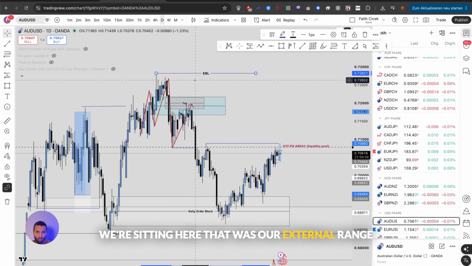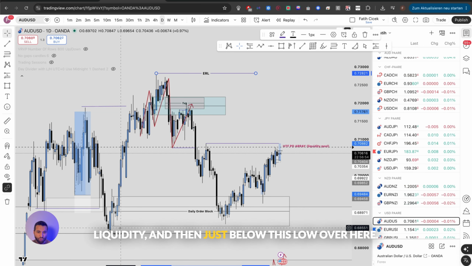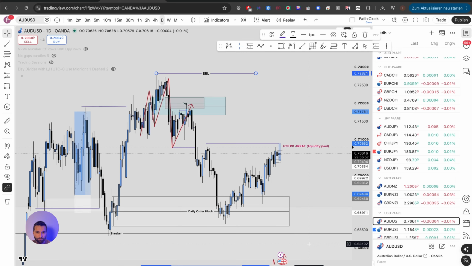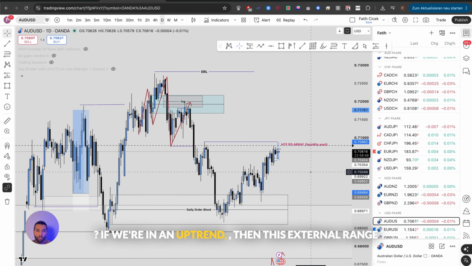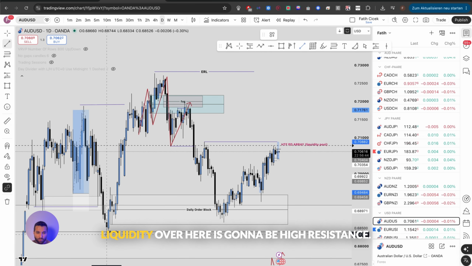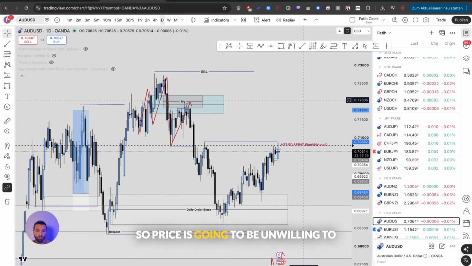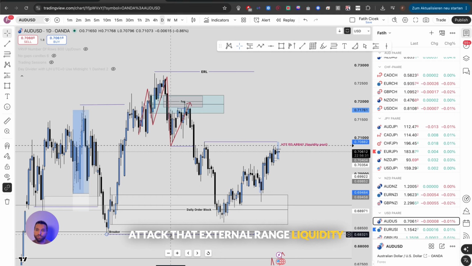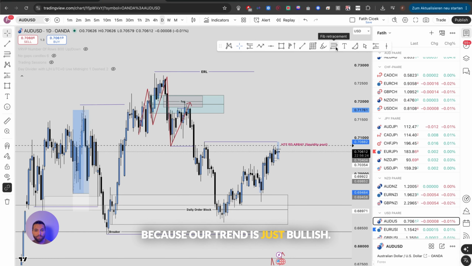That was our external range liquidity, and then just below this low over here. If we're in an uptrend, then this external range liquidity over here is going to be high resistance. Price is going to be unwilling to attack that external range liquidity because our trend is just bullish.